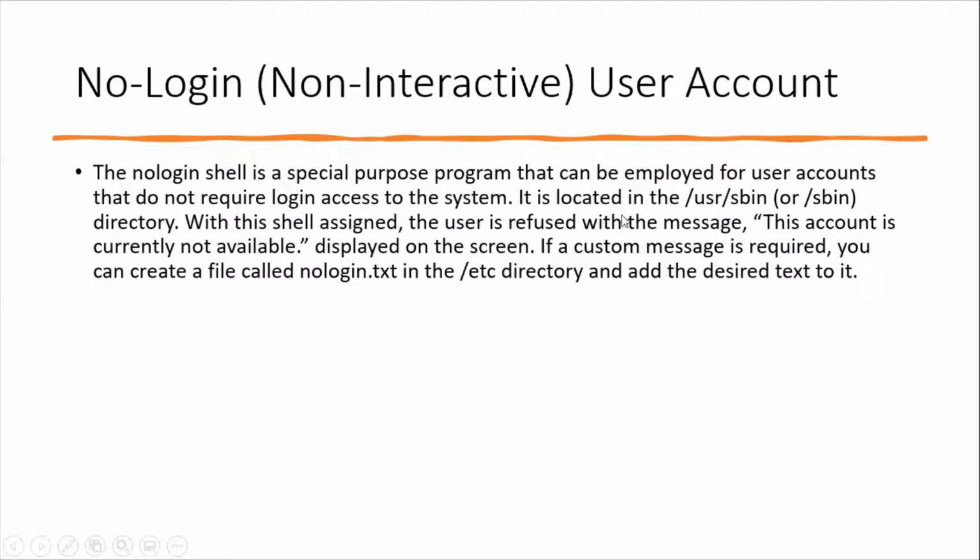It is located in the /usr/sbin or /sbin directory. A user with this shell assigned is refused with the message, "This account is currently not available," displayed on the screen. If a custom message is required, you can create a file called nologin.txt in the /etc directory and add the desired text to it.